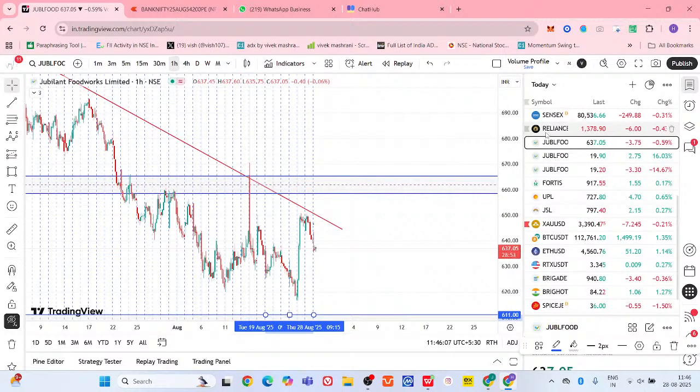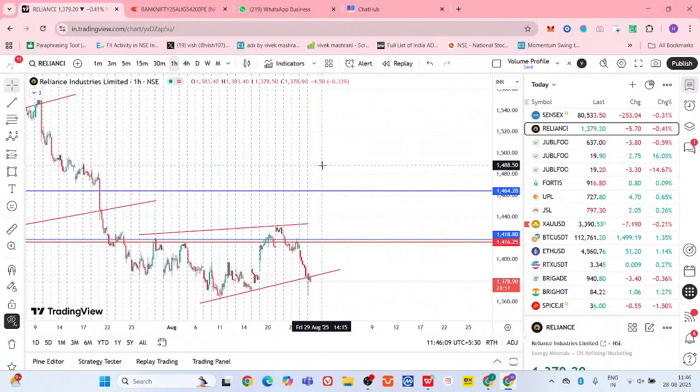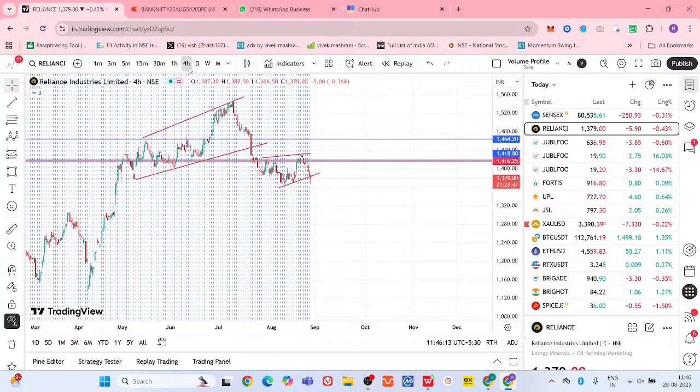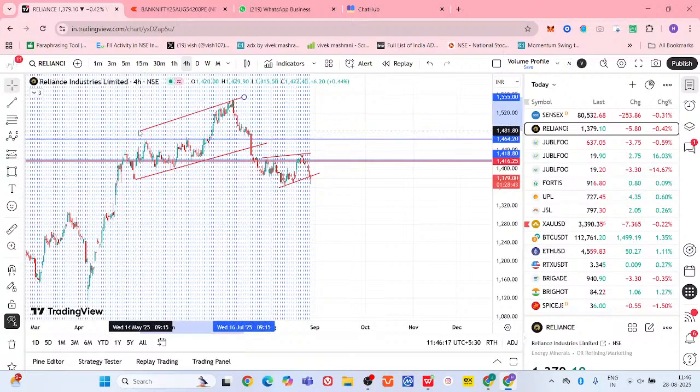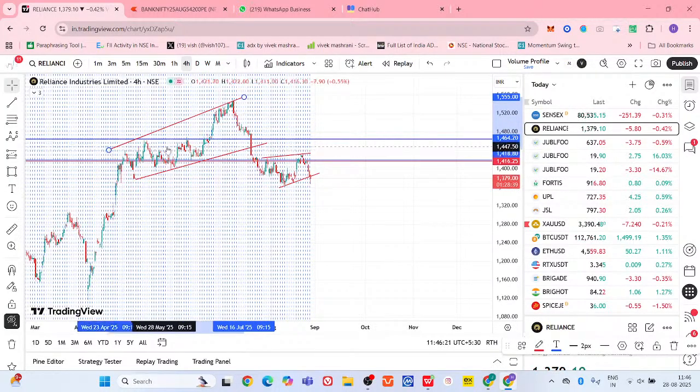Same. Let us look at Reliance and HDFC. HDFC, Reliance is bearish. I would not look at it. Somehow I'm not confident on Reliance at the moment. This was a fake move. See, I'm expecting Reliance to go further down. Okay, how much down?